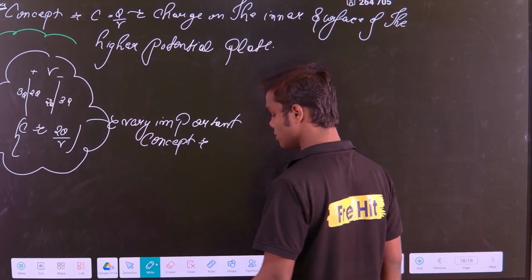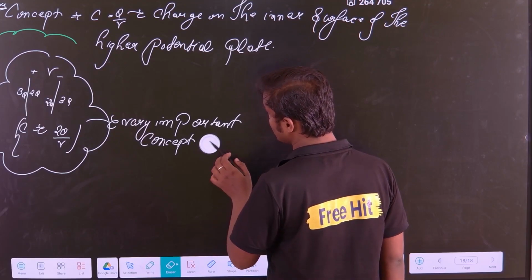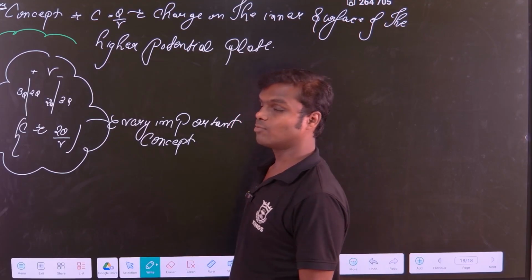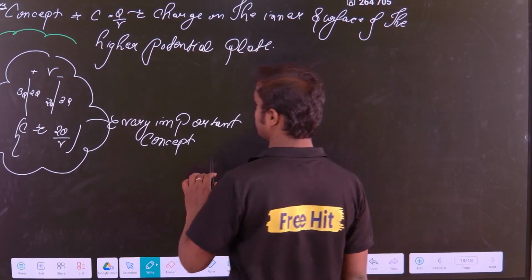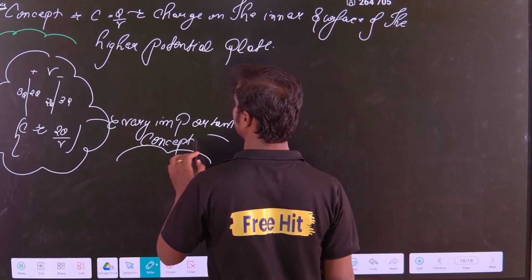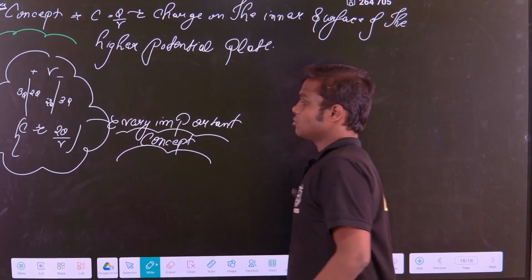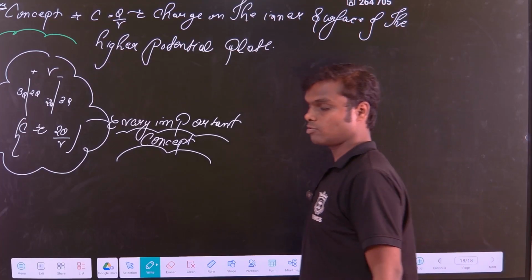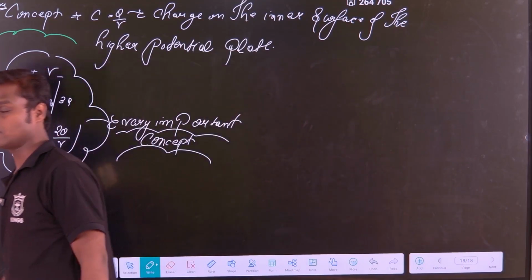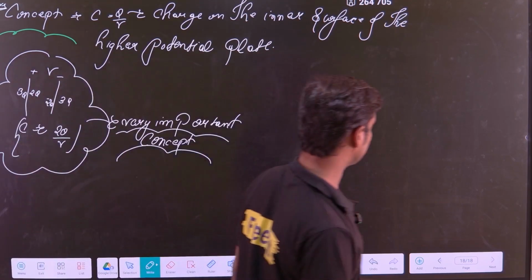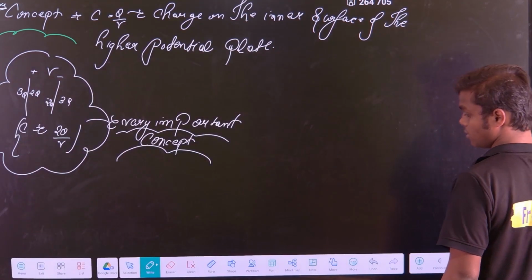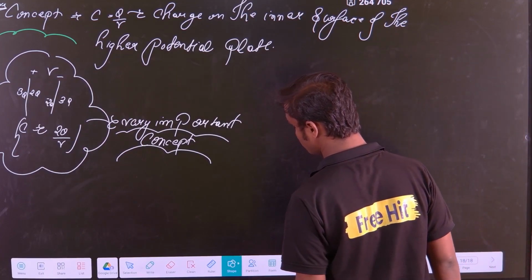If you have read the book by H.C. Verma, you will find that the book name is Concepts of Physics, because physics consists only of concepts. So this is a very important concept you have to remember: the inner charge is nothing but the charge on the inner surface. Clear?